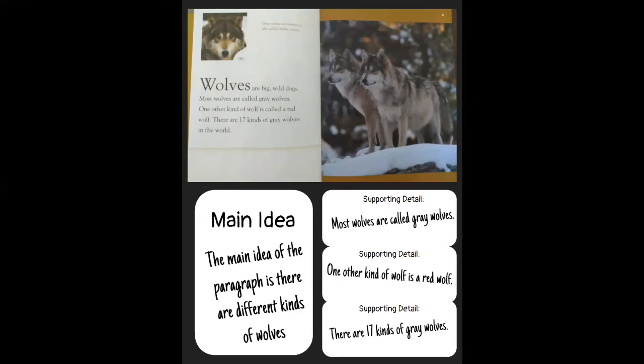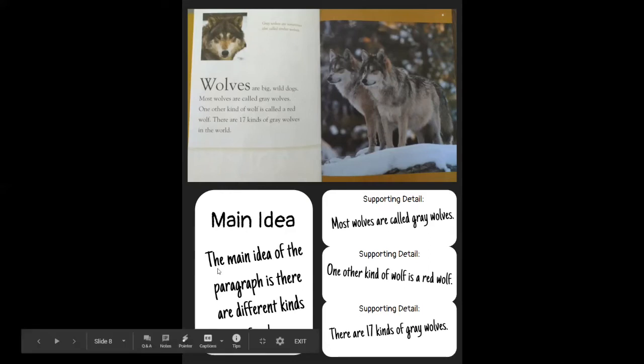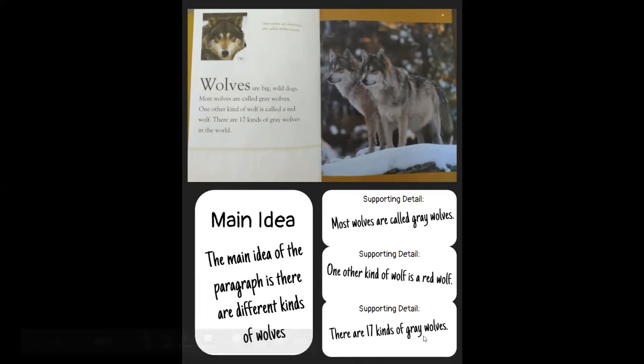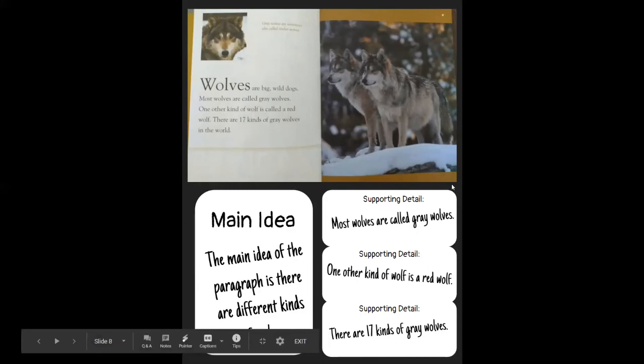Most wolves are called gray wolves. One other kind of wolf is a red wolf. There are 17 kinds of gray wolves. So all of those supporting details point you directly back to the main idea, which is that there are different kinds of wolves. Do you see how we restated right here? The main idea of the paragraph is, and then our supporting details are just the facts right here. So we didn't even have to restate for those.